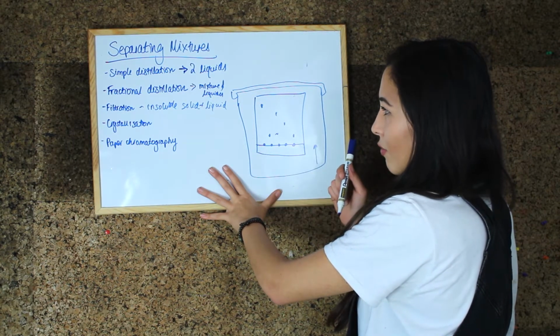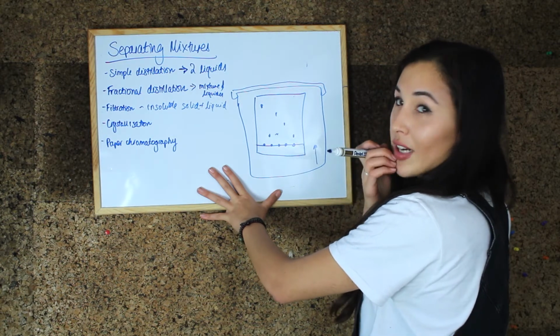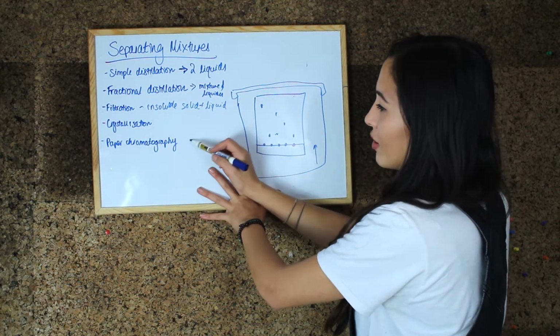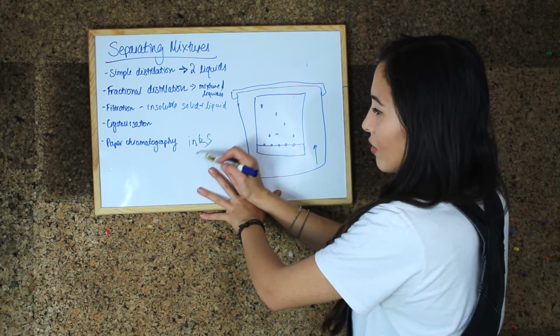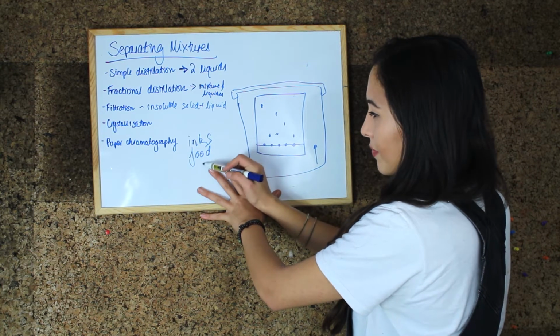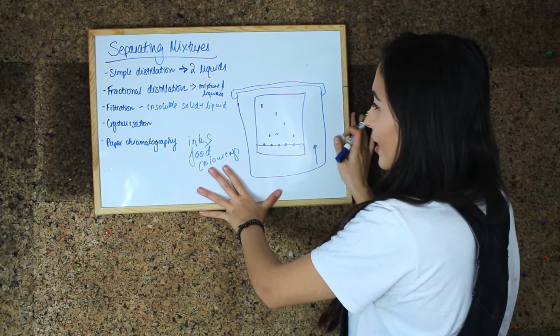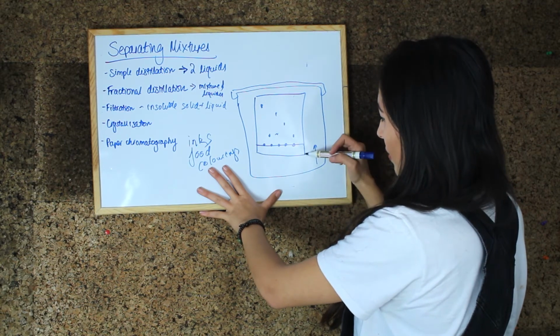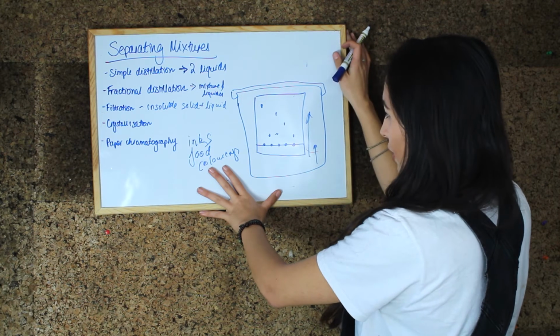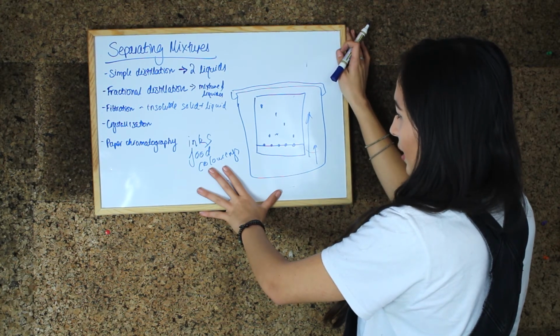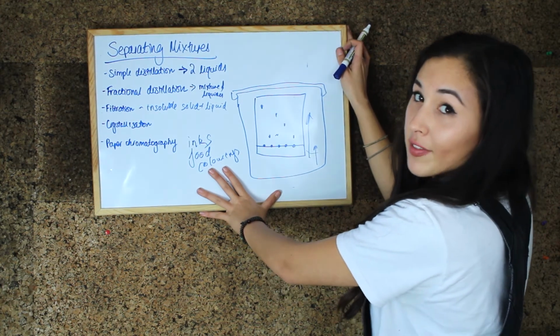It's more dependent on how it interacts and how it travels. So usually inks, food colorings. And the mobile phase would be the solvent that goes up and travels, bringing the ink up with it. It doesn't necessarily have to be water.